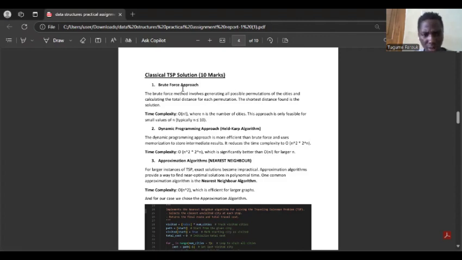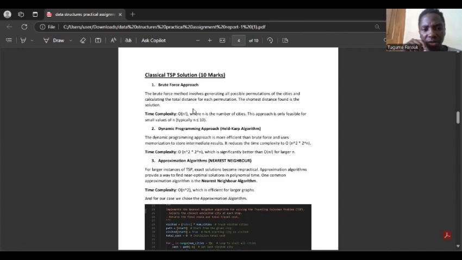So basically, this is what I'm going to take you through. First is the brute force approach, which involves generating all possible permutations of the cities and calculating the total distance of each permutation. After calculating all the total distances, we find the shortest distance, and that's the solution.